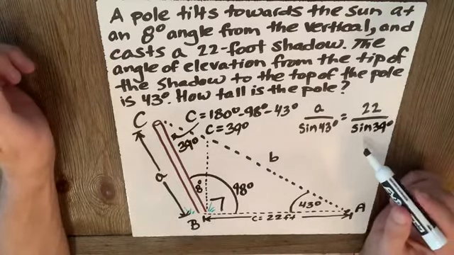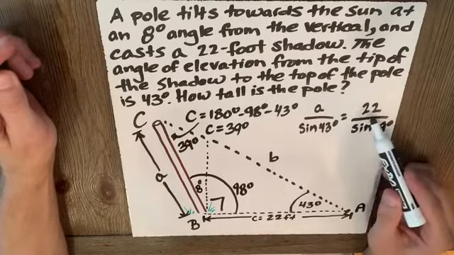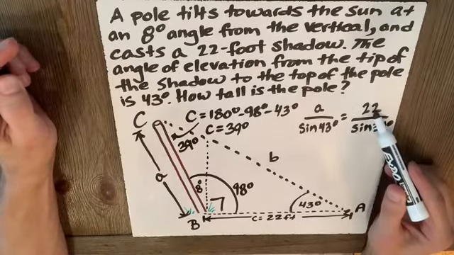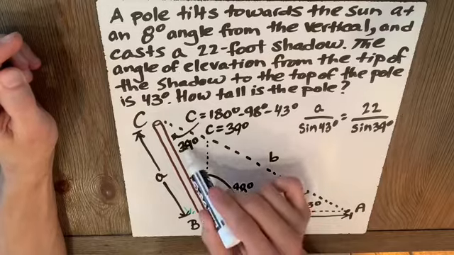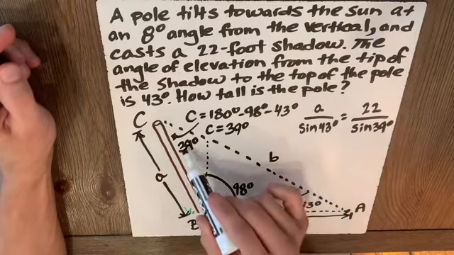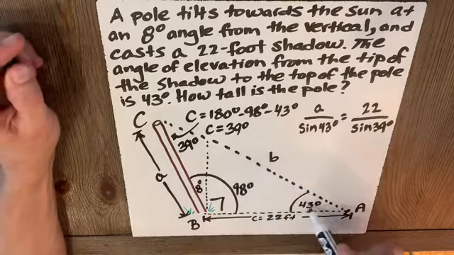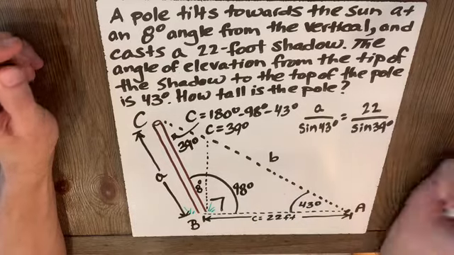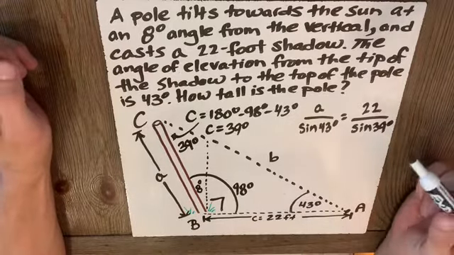I'm expecting a distance larger than 22 because 22 is associated with 39. So 43 is bigger than 39. So I'm expecting A to be larger than 22. If I've done it right, that's what will happen.